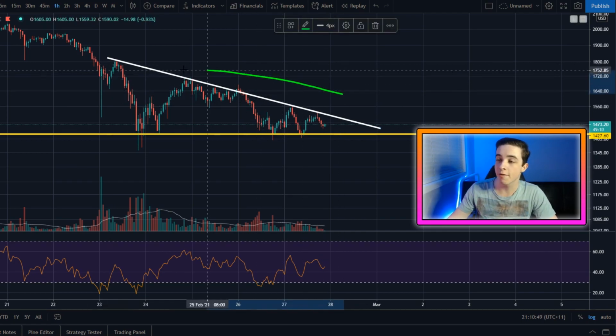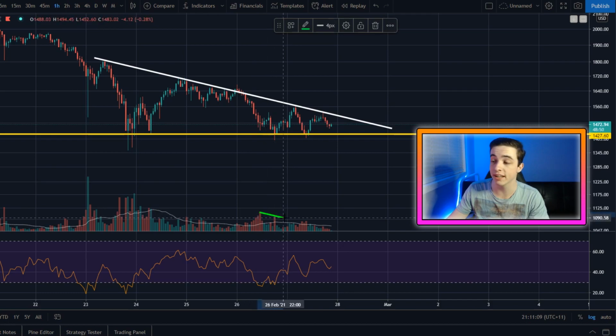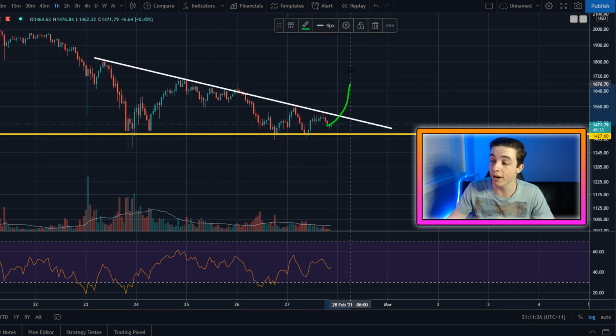In fact, this type of price pattern just here is called a descending triangle, and it's famous for being a bearish price pattern. We've also been seeing some declining volume in Ethereum over the past couple days, as you can see here. And once again, this shows us that a big move is imminent for Ethereum within the next few days. Now, this could be a big break to the upside or a big break to the downside.